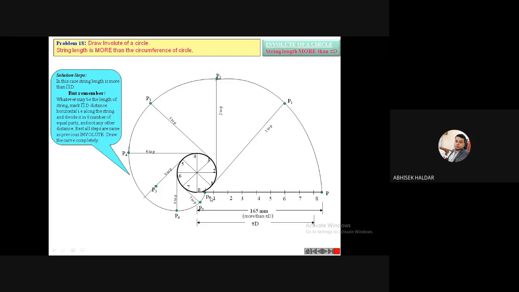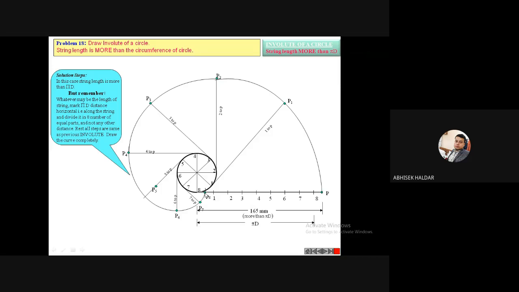So what difference have you found from the last case? In the last case, where the string length was equal to pi d, the curve starts from this P, but it was ending at 8, because point 8 and point P were the same. But if my string length is higher than pi d, it will not end at 8, it will end somewhere further.